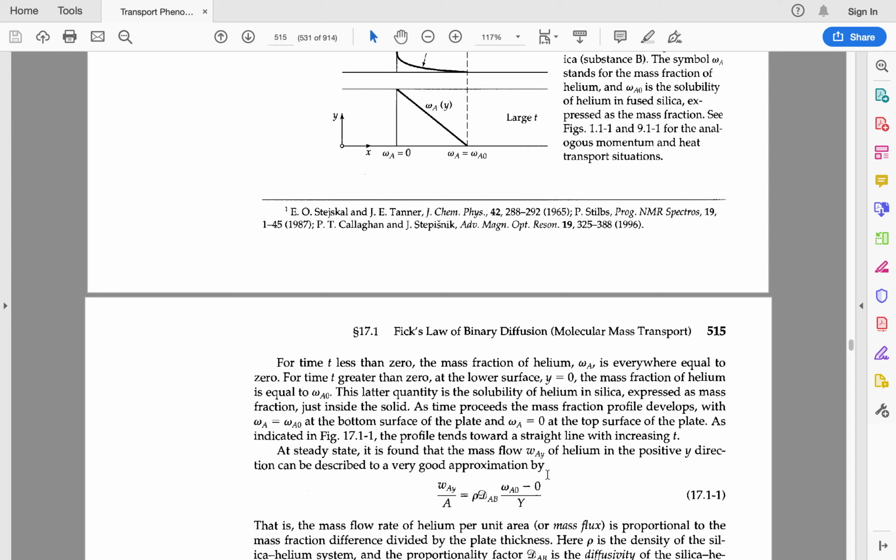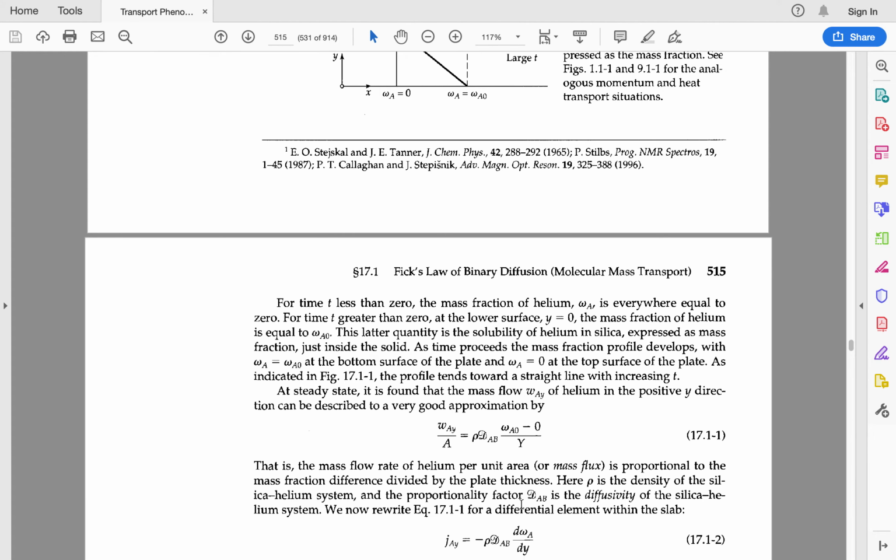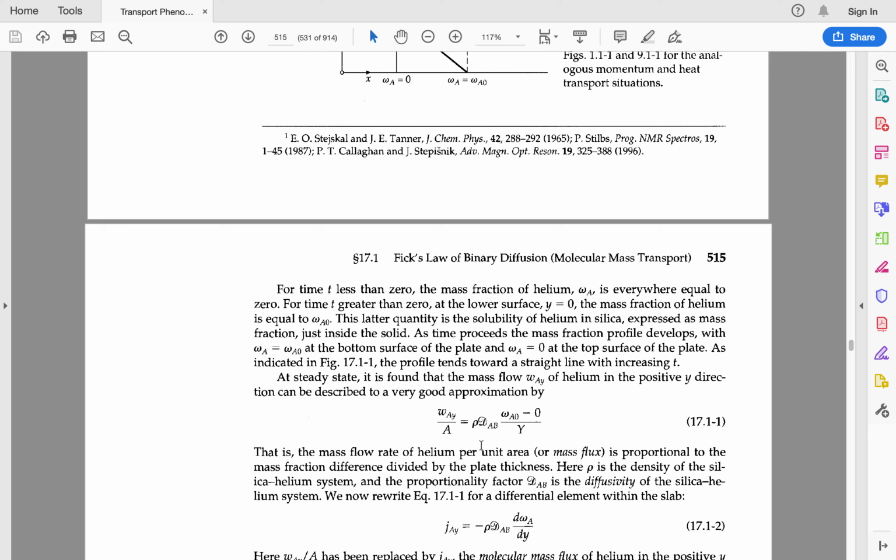Zero is the concentration of A at the outer plate, on this side, divided by the thickness of the fused silica. So the mass rate of helium per unit area, which we call the mass flux, is proportional to the mass fraction difference divided by the plate thickness. Here the density is that of the silica-helium system, and the proportionality factor we call DAB, or diffusivity.